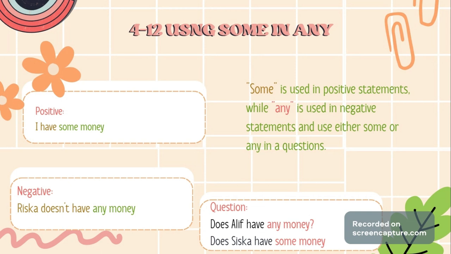And for negative, Siska doesn't have any money. And for questions, you can use both any and some. For example, does Olive have any money? And does Siska have some money? Okay, do you got it?